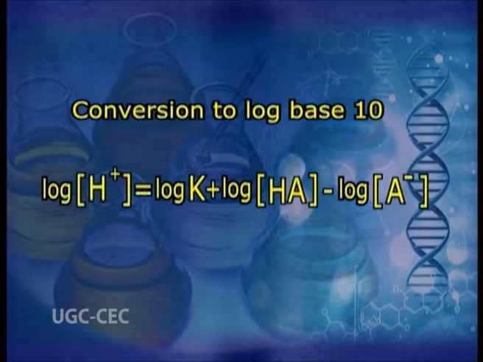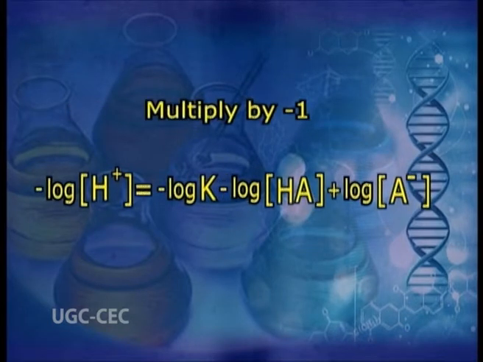Convert both sides of the equation to log base 10. It becomes the logarithm of hydrogen ion concentration is equal to log K plus log concentration of acid minus log concentration of acetate ion. Multiply by minus 1 to create the term minus log hydrogen ion concentration.